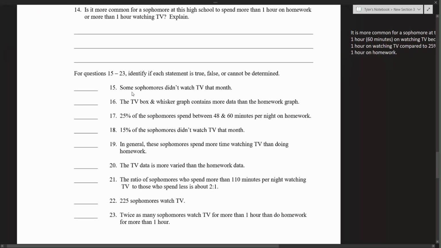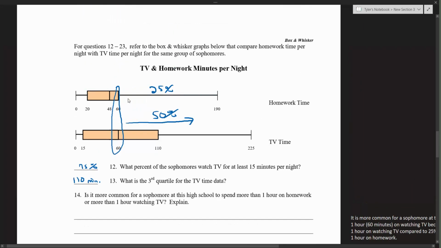So then number 15, so 15 through 23, what we're going to do is label each statement as true, false, or cannot be determined. Number 15 says some sophomores didn't watch TV that month.